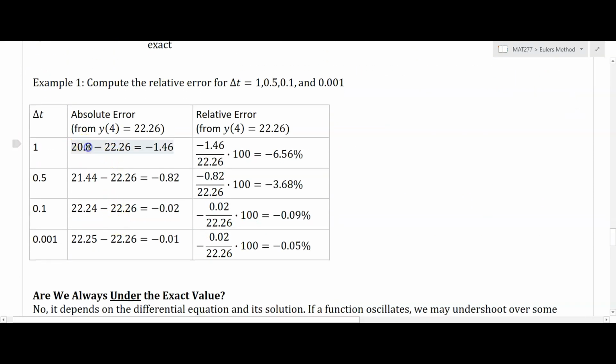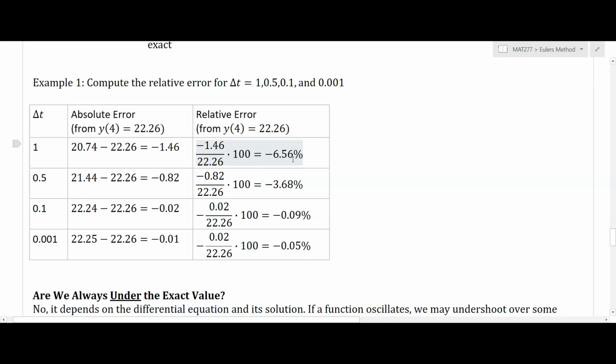I don't know why I rounded to that value. 20.74 minus 22.26 means we're about 1.46 units under. So now we take that absolute error and divide it by the exact value, which is 22.26, multiply by 100, and we are below by 6.6%.